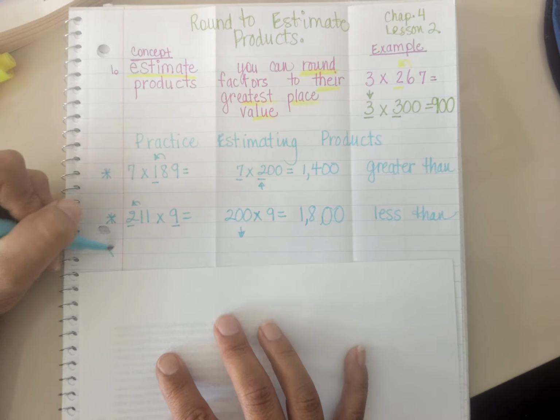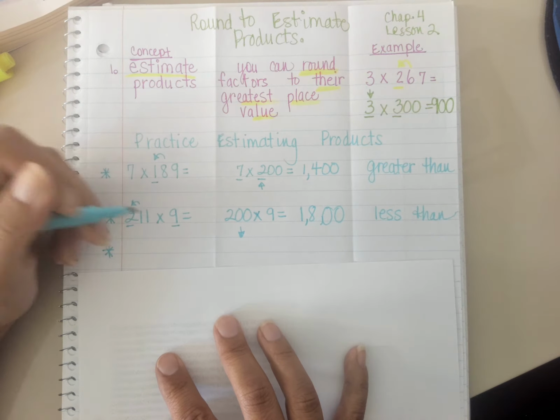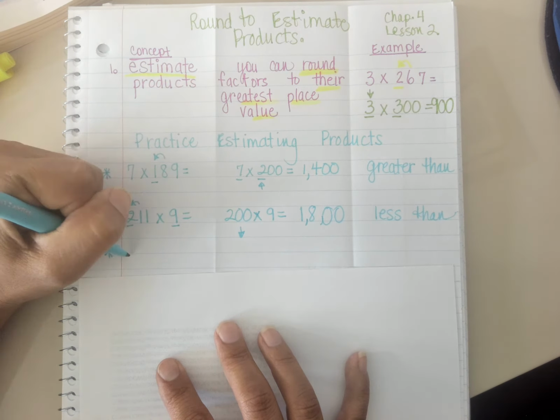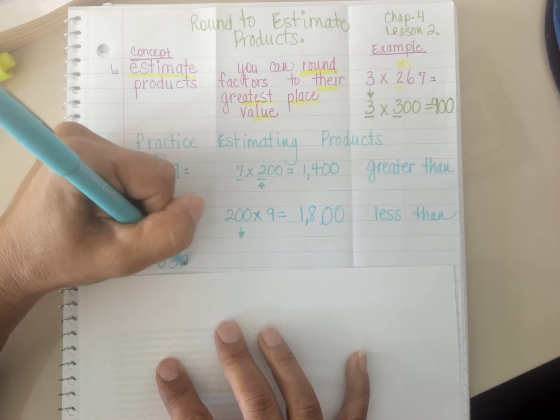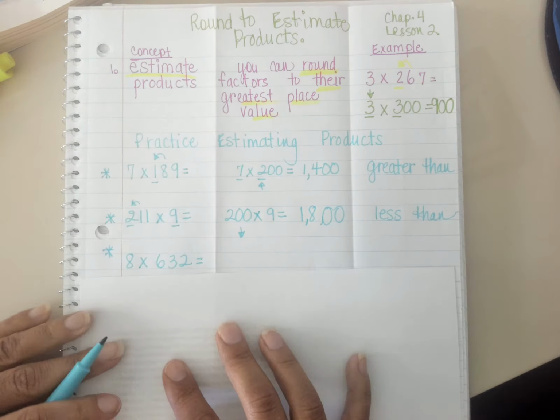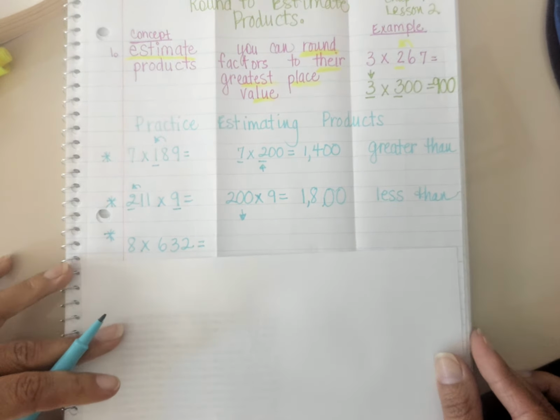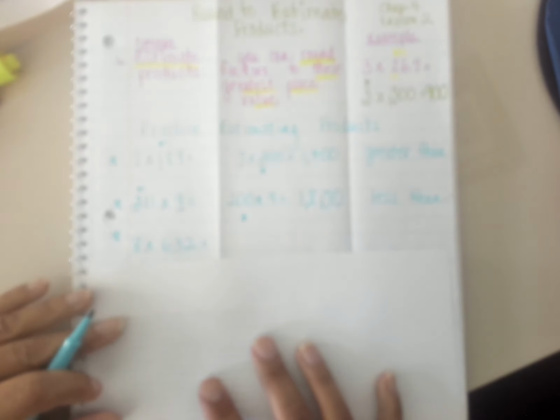Here's your next one. And this says, 8 times 632.